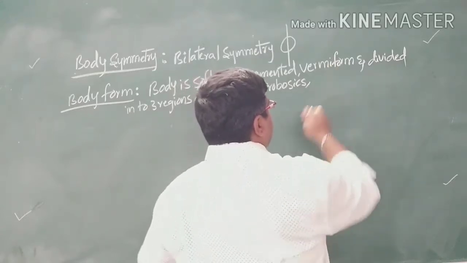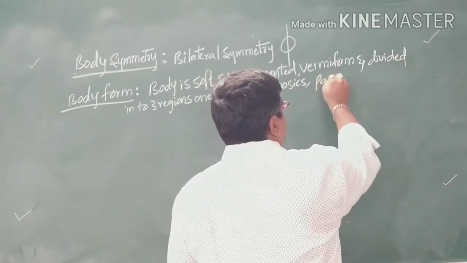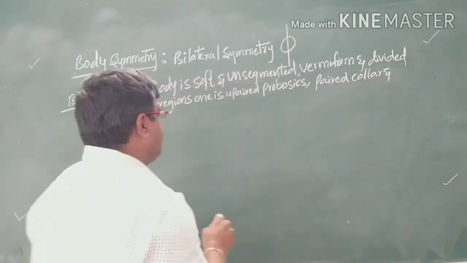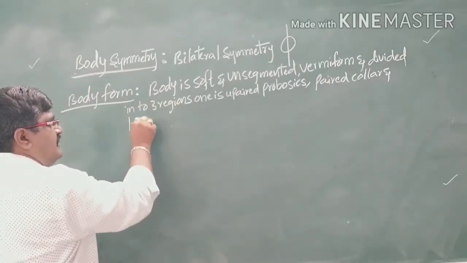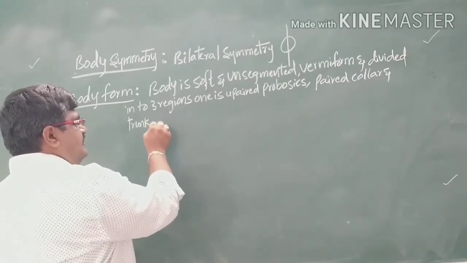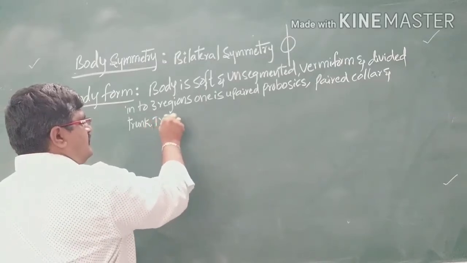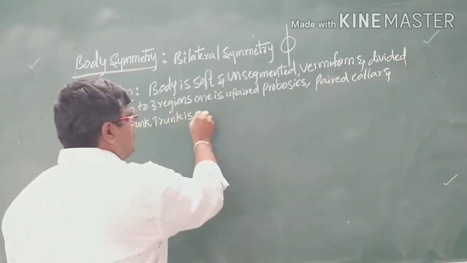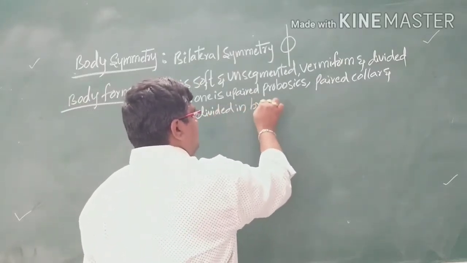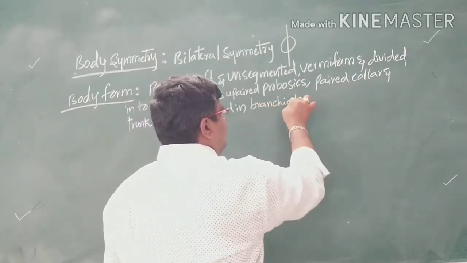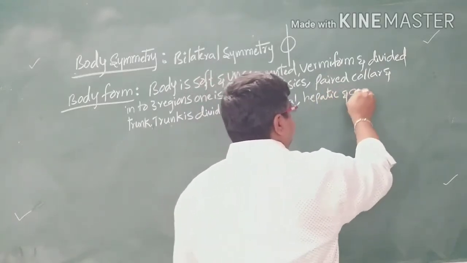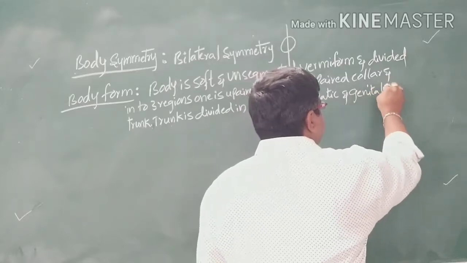The trunk is divided into branchial, hepatic, and genital regions.